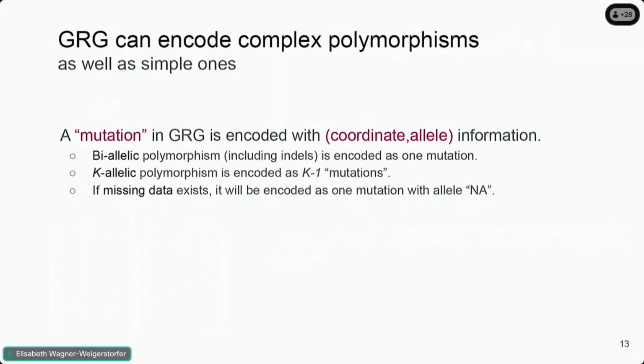If we have a biallelic polymorphism, it's encoded as one mutation because the reference allele doesn't need to be encoded. If we have a k-allelic polymorphism, it will be encoded as k-1 mutations. And if there's missing data at a particular SNP, it will also be encoded as one mutation. That way, we have the same information as a hard call VCF file.